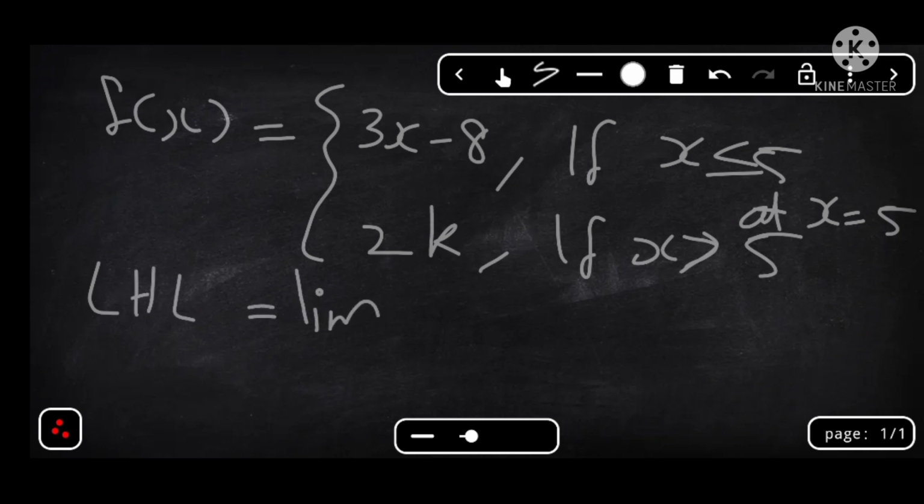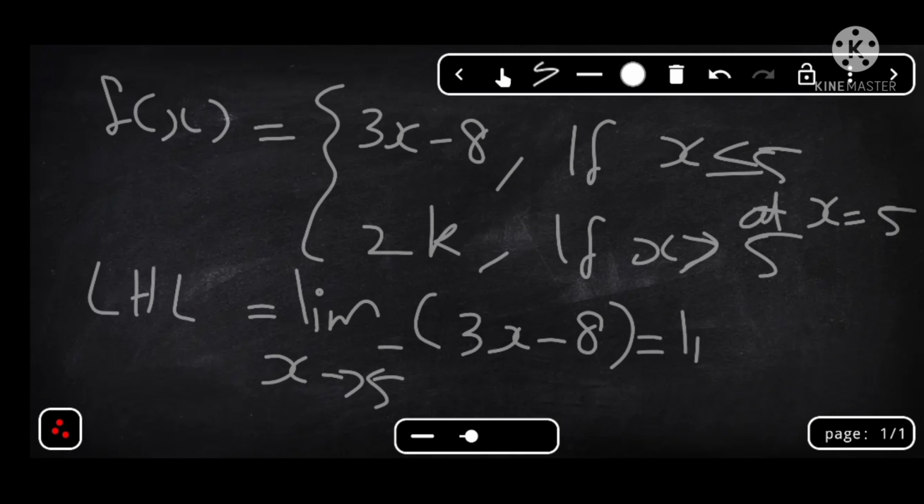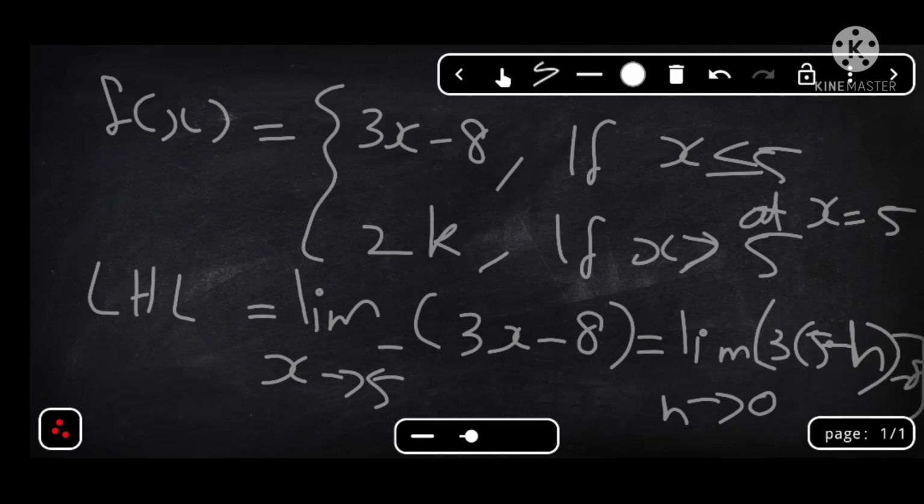Limit x tends to 5 minus of 3x minus 8 is equal to the limit of 3 into (5 minus h). We are taking h tends to 0, right? So in place of x, it will be 5 minus h. It is clear, right? Minus 8 will come.